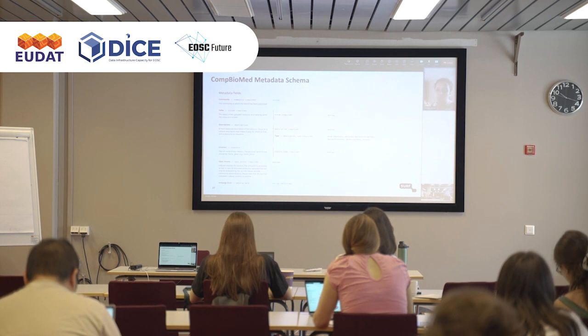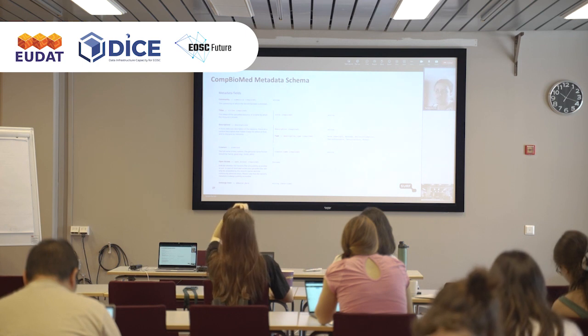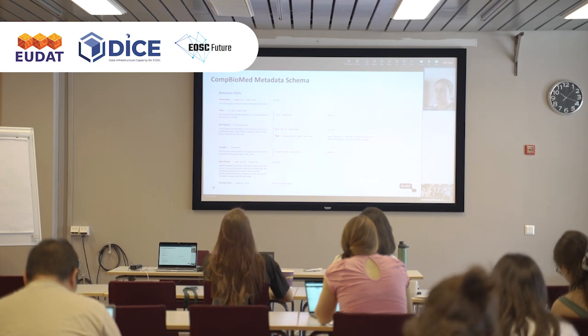So we have come up with those fields. It was done as part of one of the tasks within Combiomed, and we are now going to talk with the B2Share team again to see if they can implement those community metadata fields for us in the B2Share central instance.